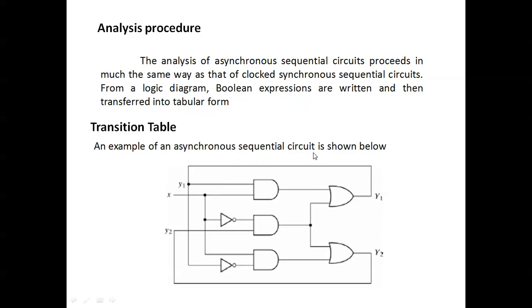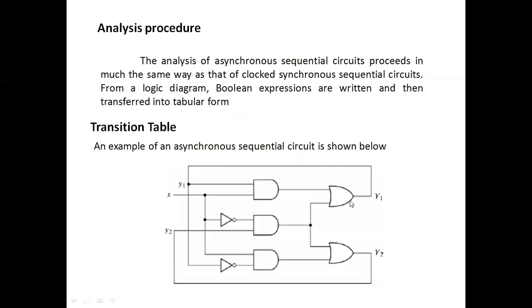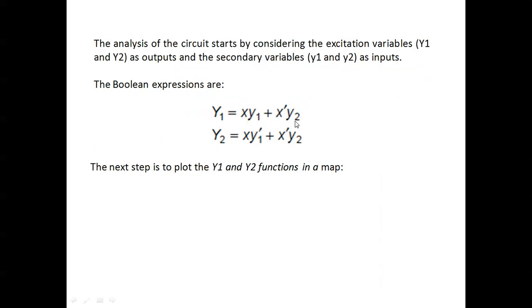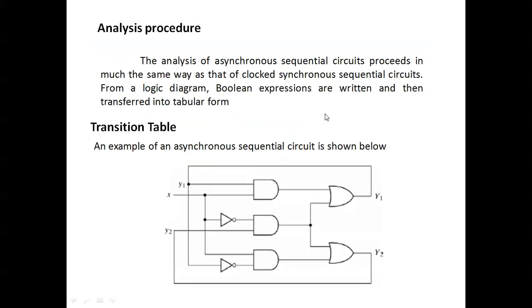This is the Boolean expression for y1 and y2, with the present state, total state, next total state, and stable total state. The diagram shows the present state y1, y2, the next state capital Y1, Y2, and whether it is a stable state, yes or no.